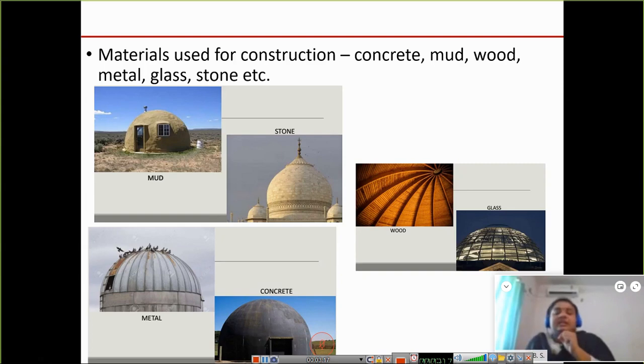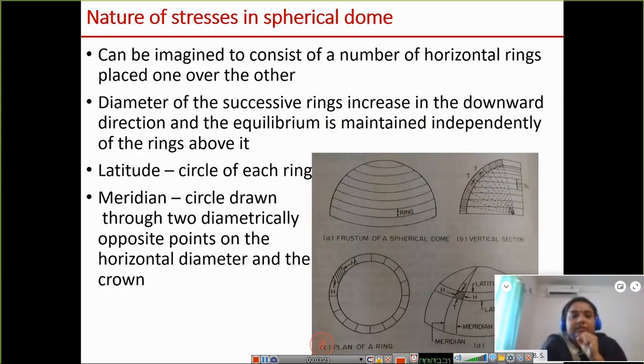Now we'll see the analysis portion. First of all, we need to analyze the stresses. So once these domes are subjected to a loading, there will be stresses as like any of the structure. So how the stresses are to be evaluated.